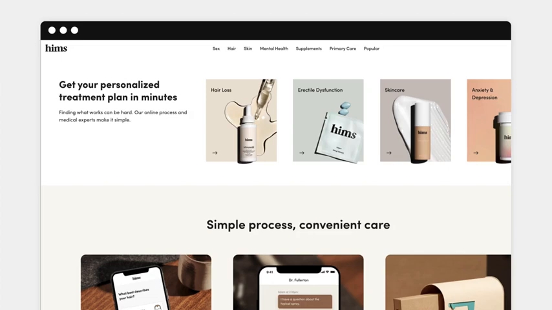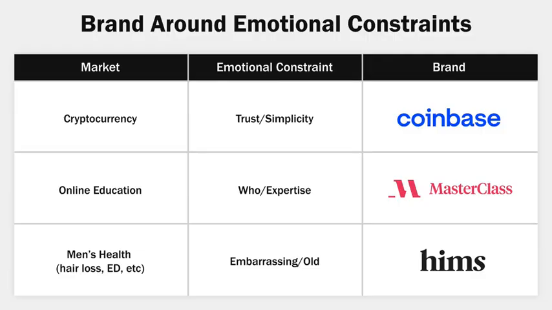What they've done with their brand is they're primarily communicating it around being for a younger audience and it not being an embarrassing topic, something that a lot of males actually endure. And so Hims fills this category around this primary emotional constraint for the category market of men's health.